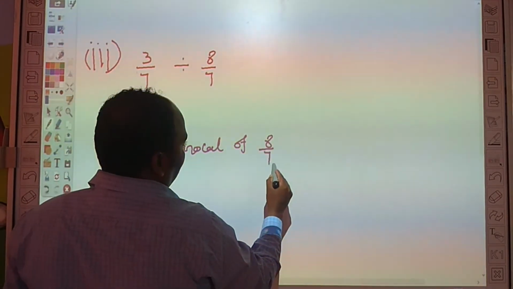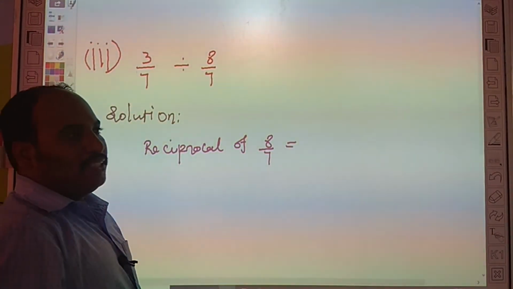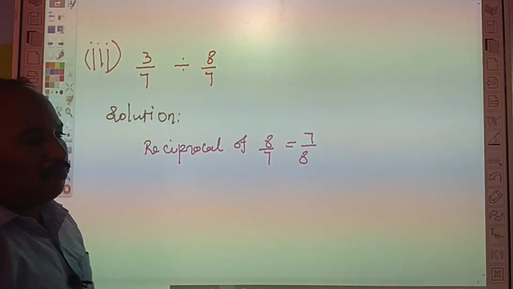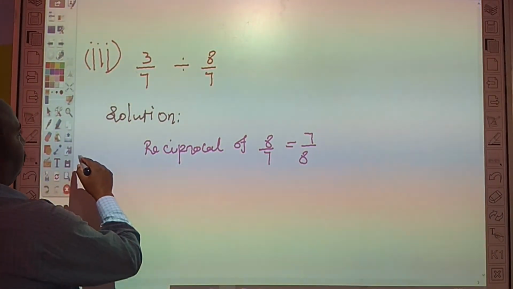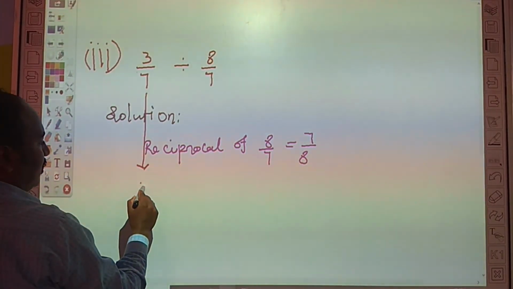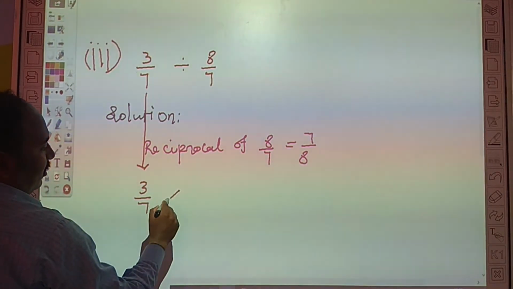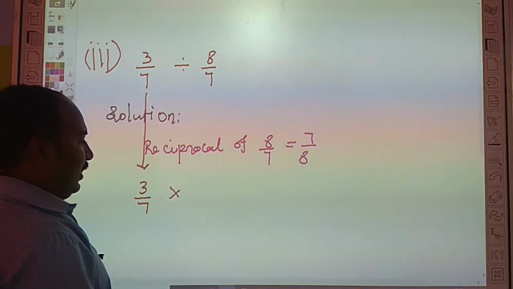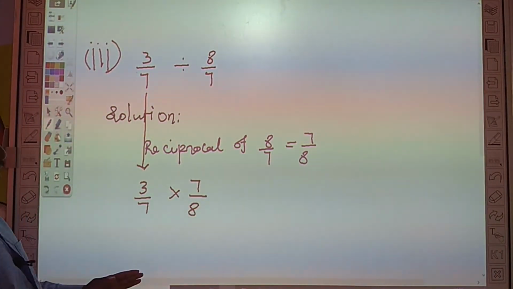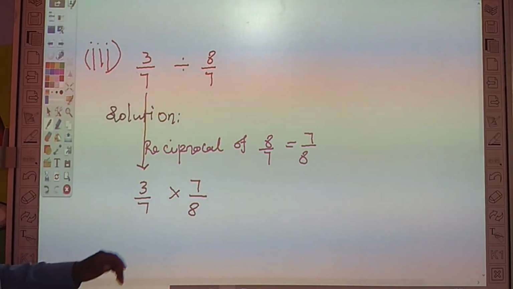The reciprocal of 8 by 7 is equal to 7 divided by 8. The given number is 3 by 7 into 7 by 8.